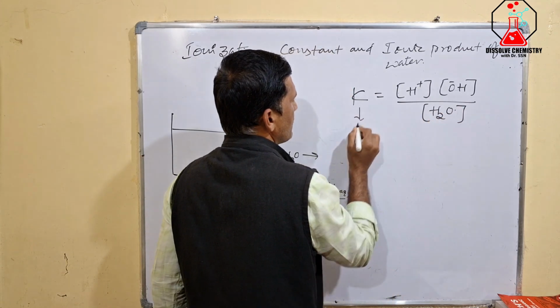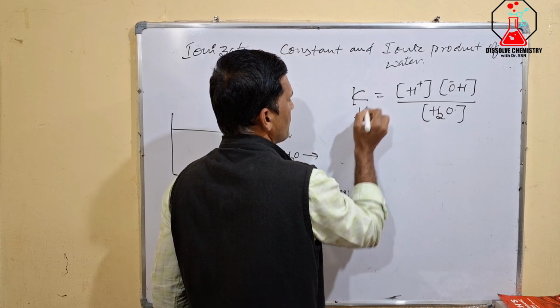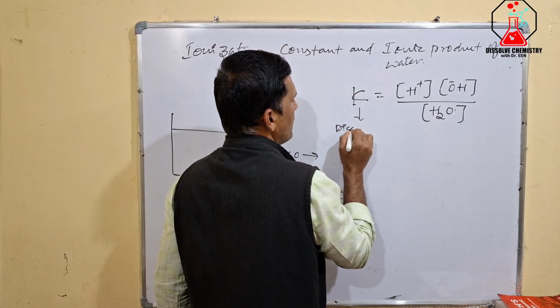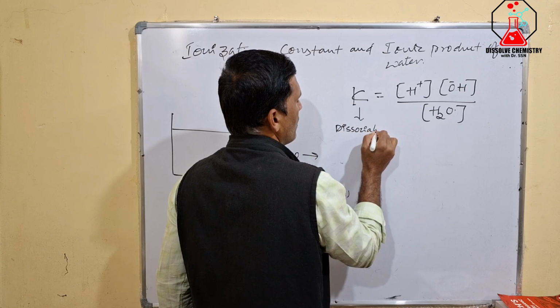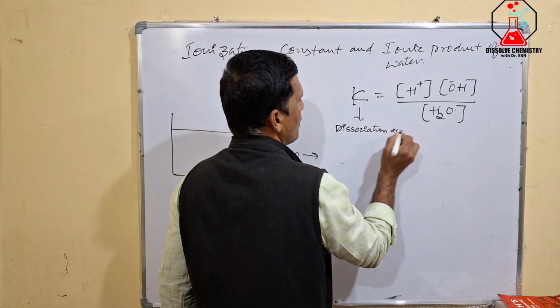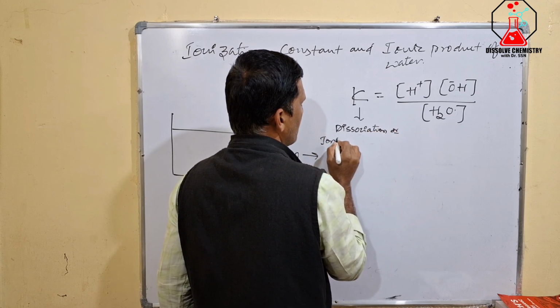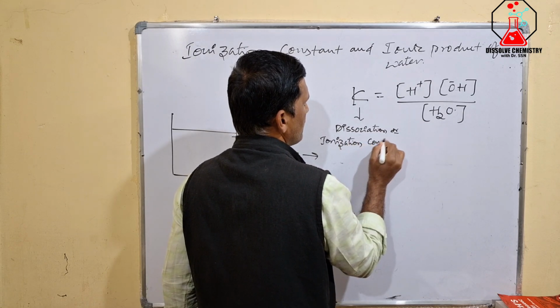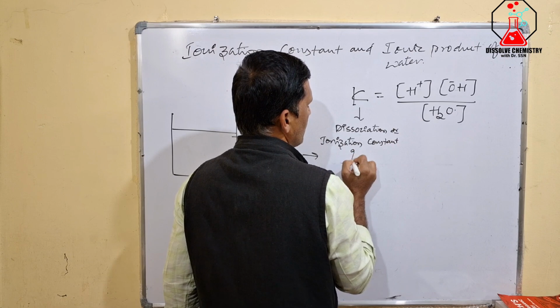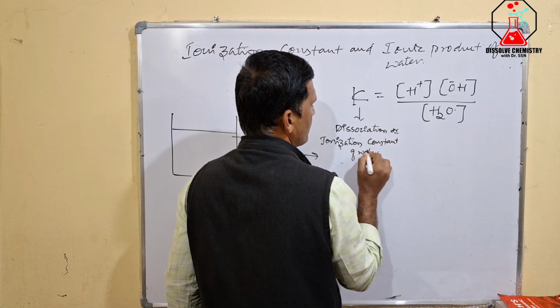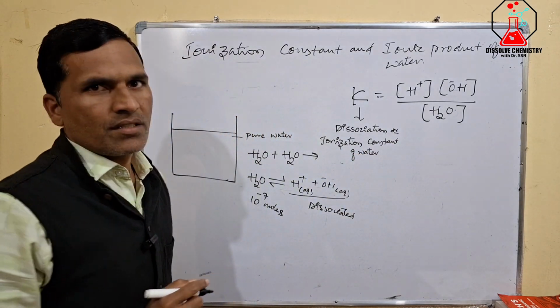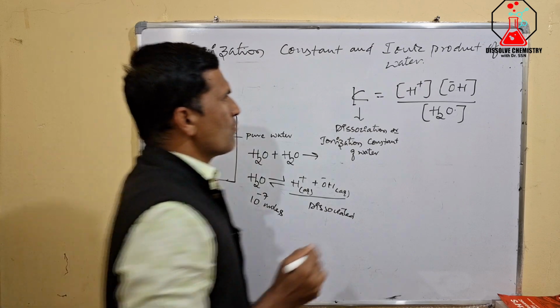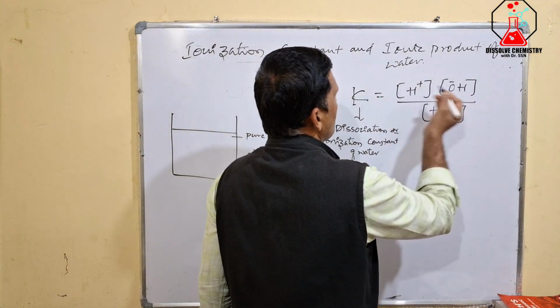And here this capital K is called the dissociation or ionization constant of water.